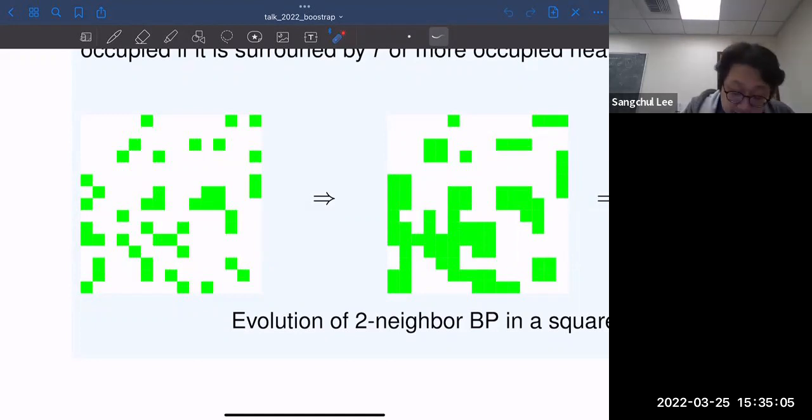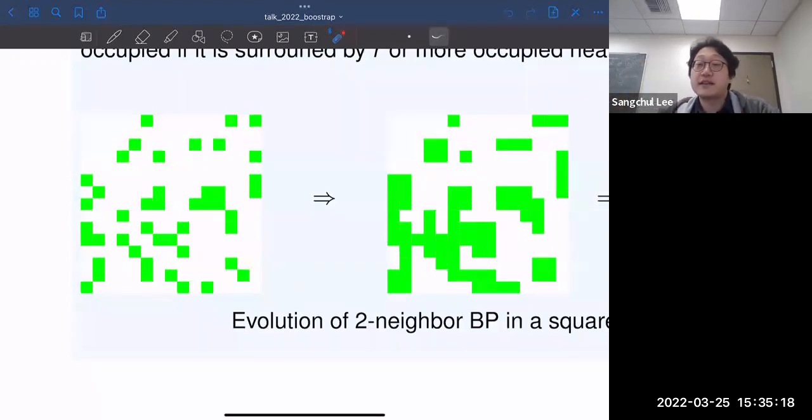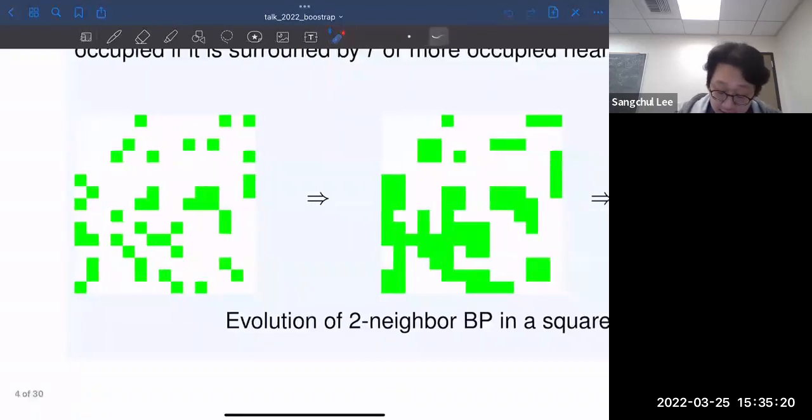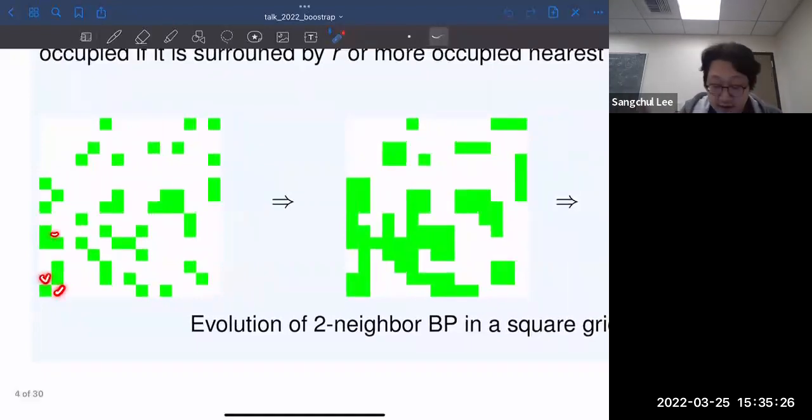At the next step, you see this site is surrounded by two occupied sites, so it becomes occupied. Once sites become occupied, they stay occupied for the rest of the time. This is what happens after one step of evolution. For example, here, and many other sites will become occupied.